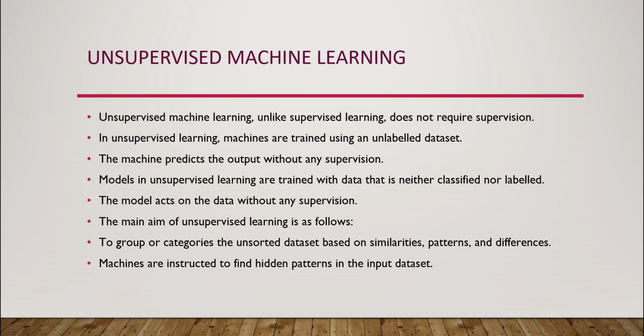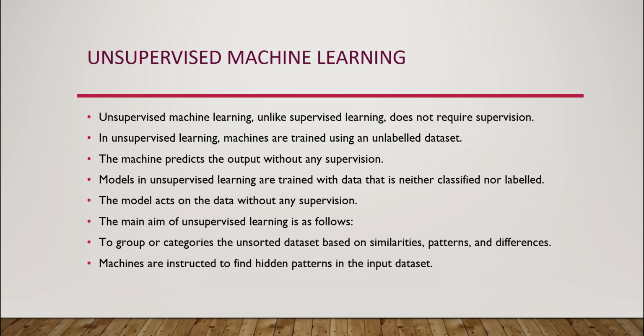In supervised machine learning, you should have the labeled data set, and in unsupervised machine learning, there is no need for a labeled data set. In unsupervised learning, machines are trained using unlabeled data. The machine predicts the output without any supervision. Models in unsupervised learning are trained with data that is neither classified nor labeled.